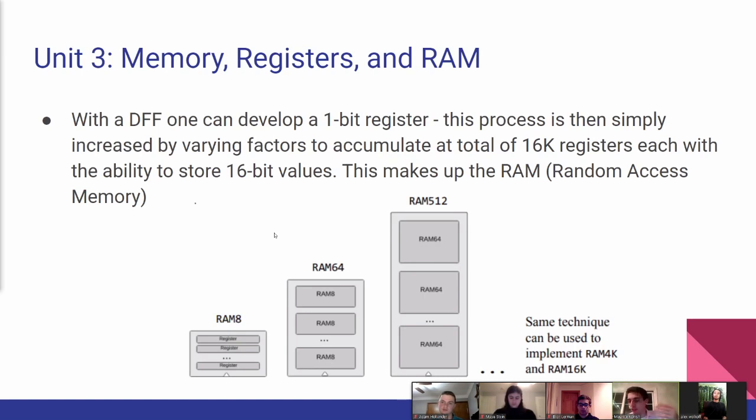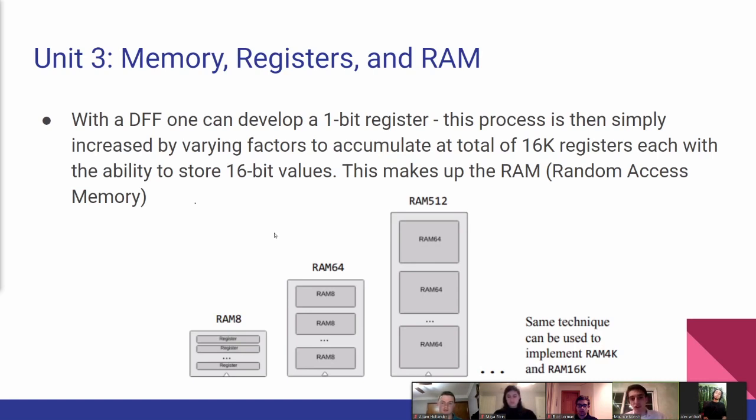So now that we have a 16-bit register, we could put 8 of them into one unit to develop the RAM 8, which is pretty self-explanatory. It has 8 registers, and all of those registers have the capability to store 16-bit values.